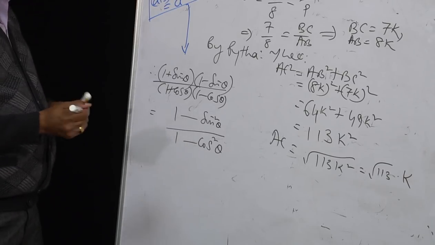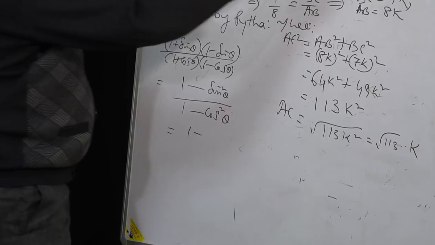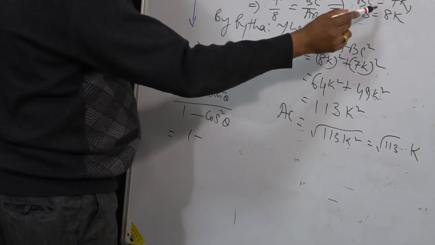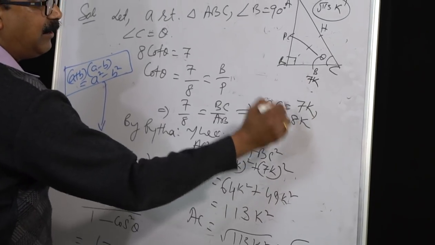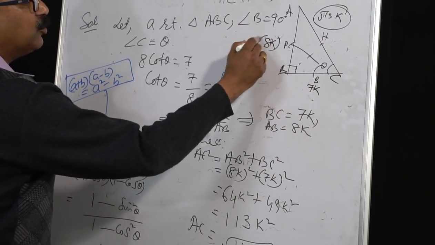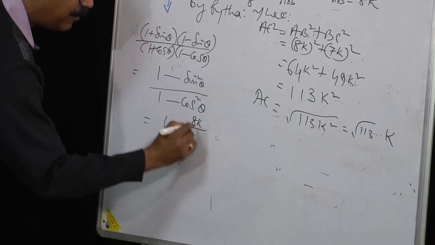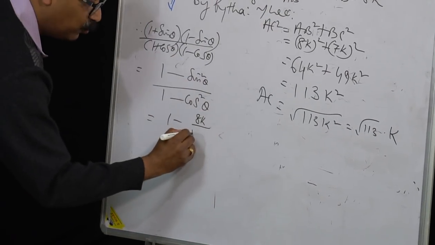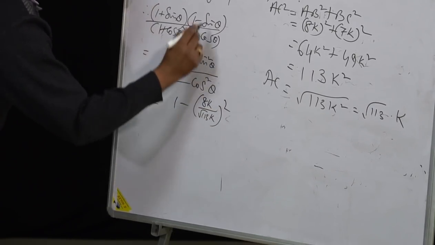The problem is shorter. So what we will do here, sine theta is P by H. What is P here? BC is what here? BC is 7K and 8K here. So perpendicular is 8K. So we can write here 8K by, it is what? Root 113K whole square, because there is a square.